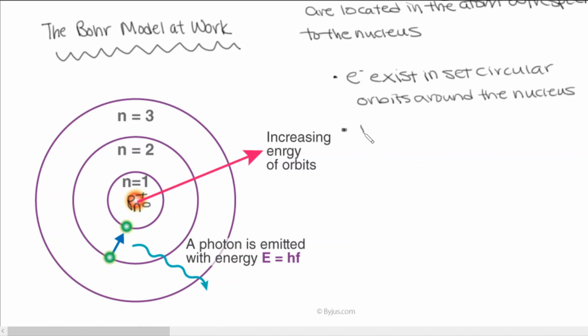So the orbits are numbered as n equals 1, 2, 3, etc., from lowest energy to highest energy.